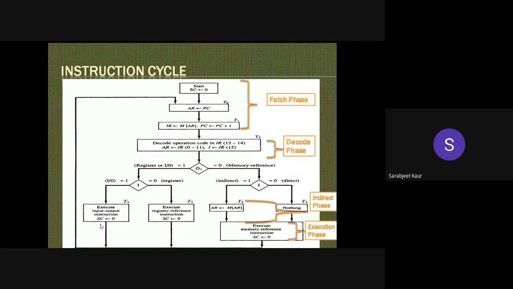So it amounts to saying that IO instructions and register reference instructions are faster than the memory reference instructions. Sometimes you are asked how many memory references are required to process an indirect memory reference instruction.